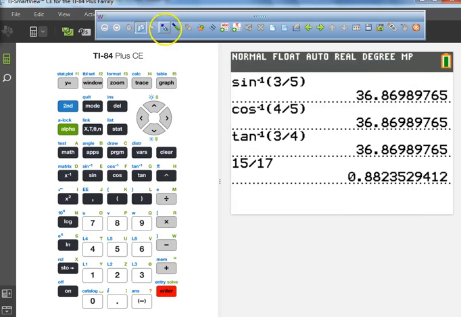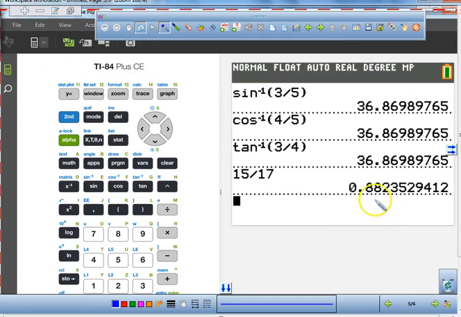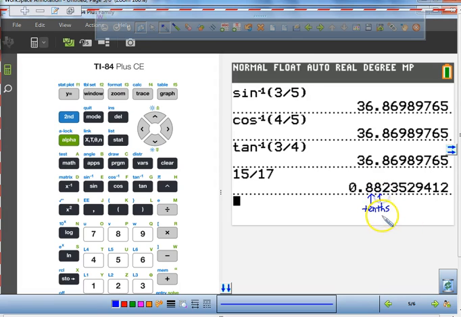Now, everybody, that 8 right there is in the tenths column. This 8 all the way down here is in the hundredths column. That 2 right here, all the way down there, that's in the thousandths.